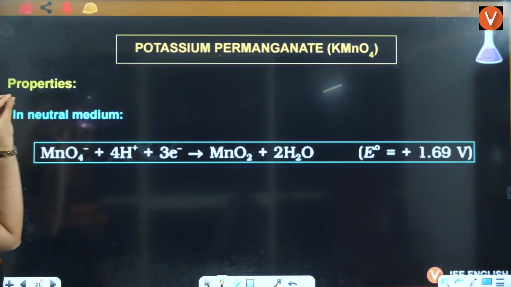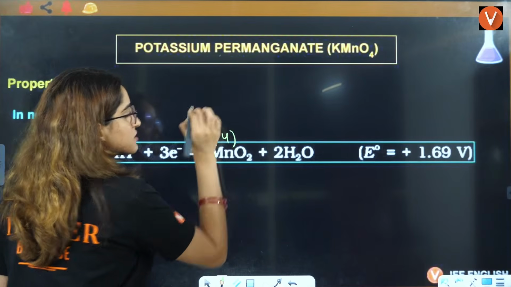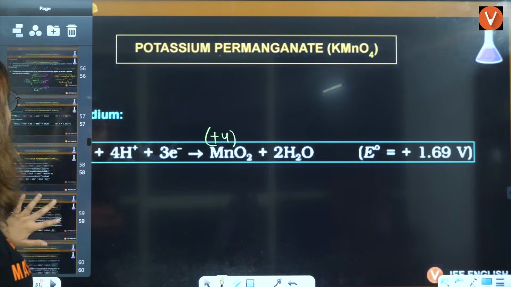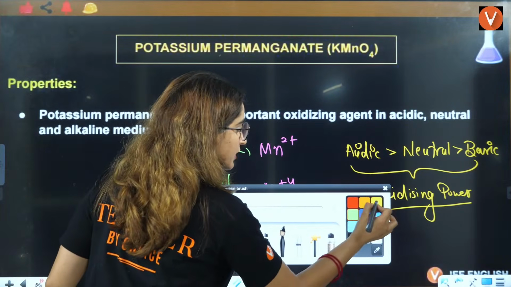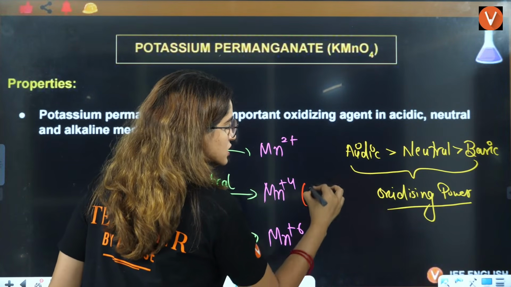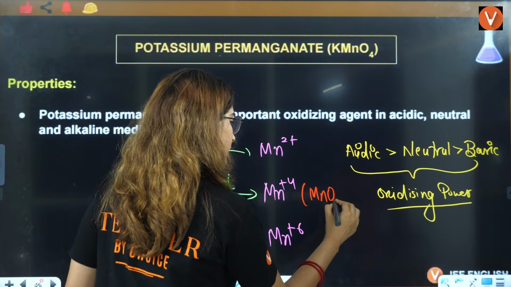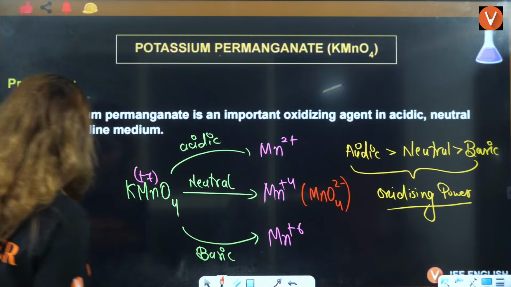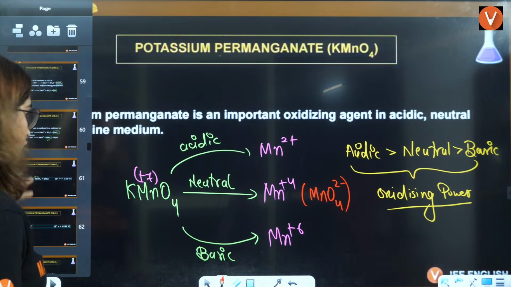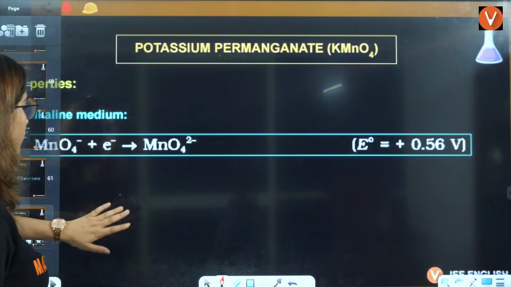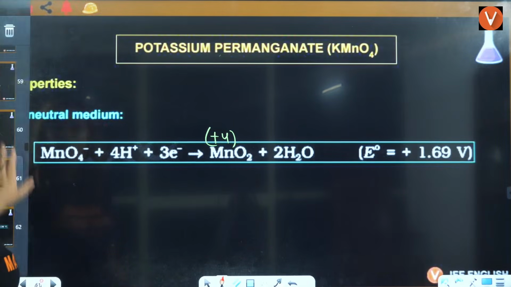If you see in the neutral medium, it is converted to a +4 oxidation state, that I directly told you, here it is getting converted to Mn2 positive. Here it is getting converted to Mn4 positive, in the form of MnO2.